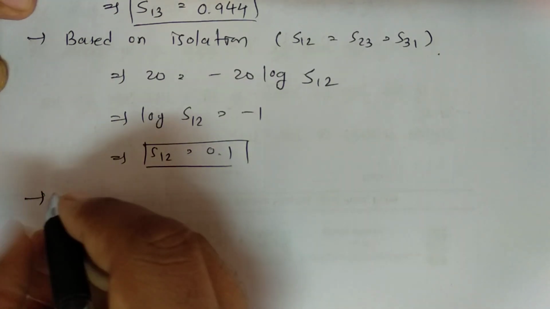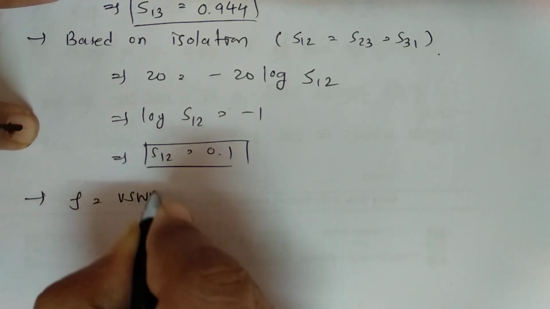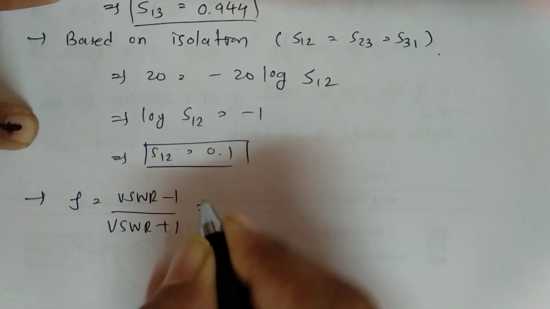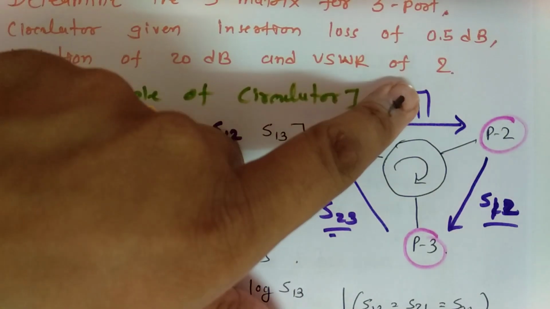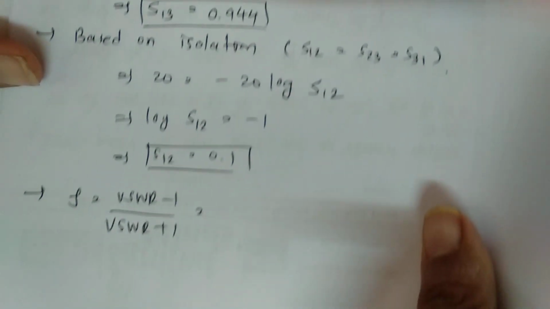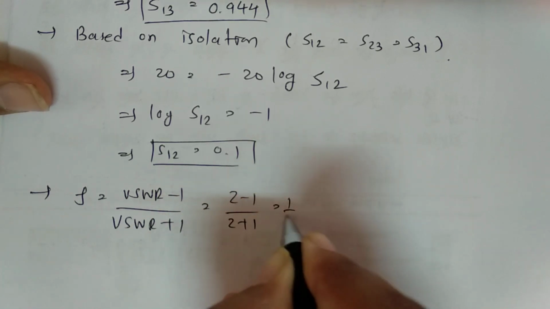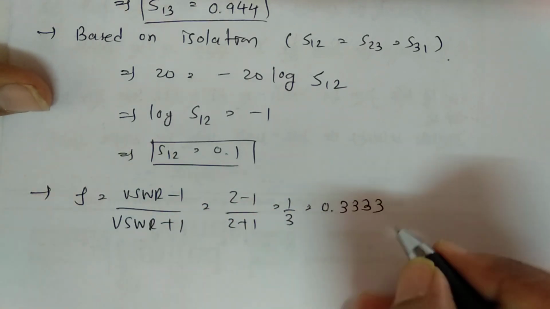So the reflection coefficient is VSWR minus 1 divided by VSWR plus 1. VSWR is 2, that is given. So 2 minus 1 divided by 2 plus 1, that is 1/3, one can say 0.3333.